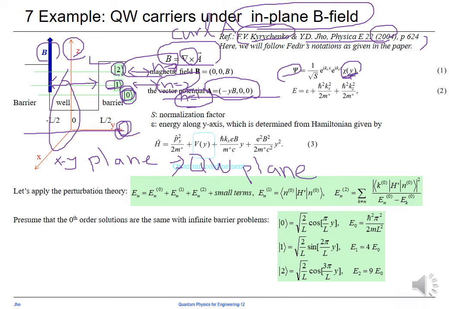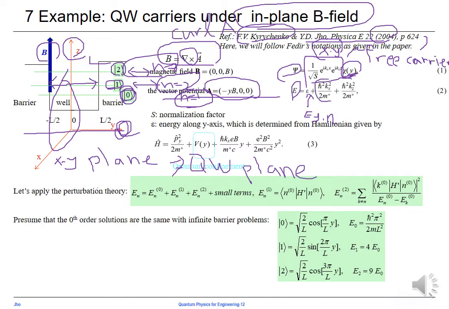Anyway, there's a wave function along the y-axis, and the others are just the x and y plane part. You can easily see it is the same as the free carrier case. And for the energy, this is the y-directional part, which should be influenced by quantum confinement, so there must be quantum numbers.